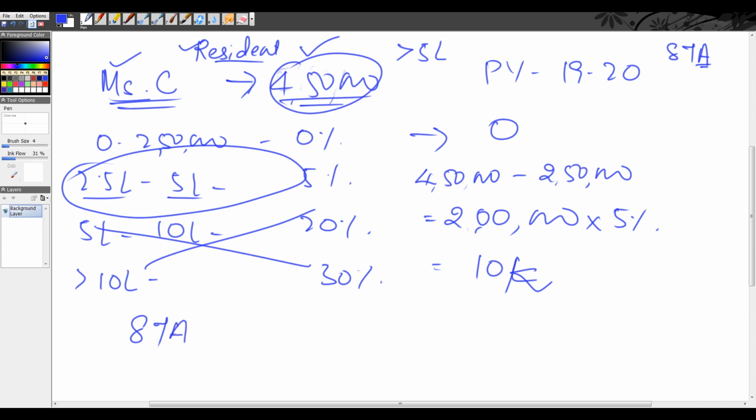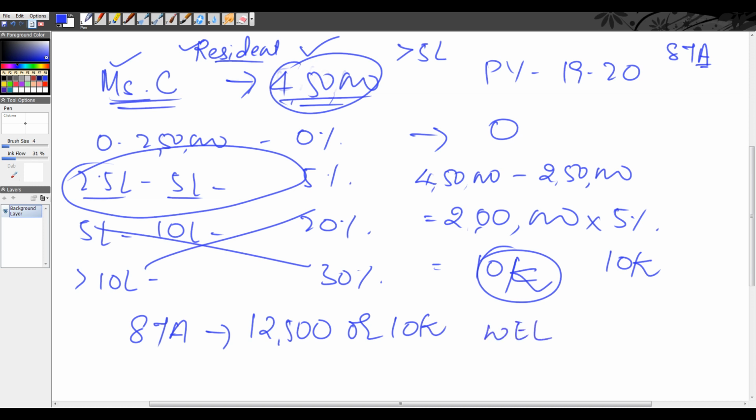Now, this rebate is very simple. The rebate is from the tax liability. Her tax liability is 10,000 before rebate. The rebate will be given like this. It is either 12,500 from the tax liability or rupees 10,000, whichever is less. Now, whichever is less will be given as discount or rebate from the tax which they are supposed to pay.